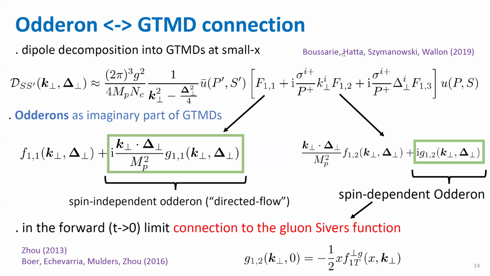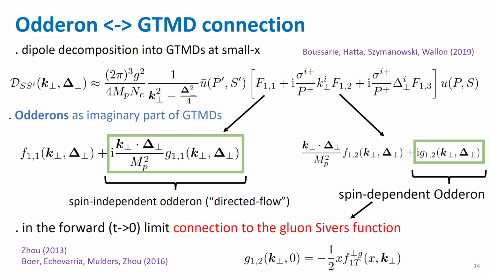In this work by Boussarie et al., they showed that the dipole distribution can be decomposed into 3 scalar functions, so 3 independent GTMDs in the eikonal limit. These will be F11, F12, and F13 in the standard nomenclature. These are complex functions, and the Odderons are the imaginary parts of these complex functions.